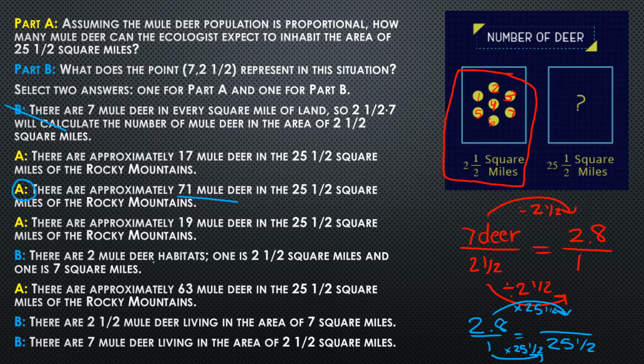There are 2 mule deer habitats. One is 2.5 and one is 7. No. There are 2.5 mule deer. Nope. There are 7 mule deer living in the area of 2.5 square miles. This one is the one we want. So it has that 7 mule deer over the span of that 2.5 square miles. Perfect.